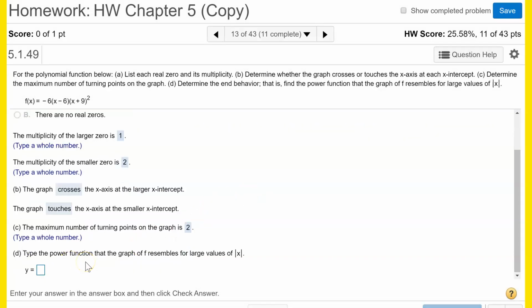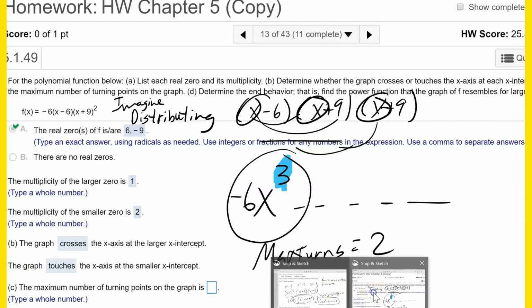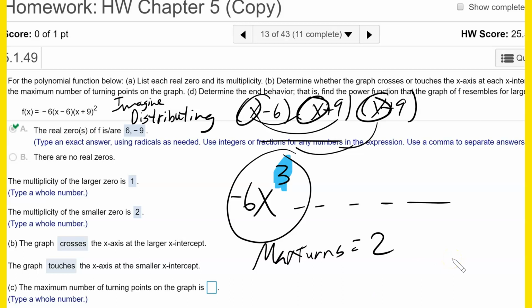Type the power function that the graph of f resembles at large values of the absolute value of x. That's a complicated sounding question, but it's actually pretty easy. It goes back to what I said before. The power function that this is going to resemble for large values of x, in other words, the only thing that matters for the end behavior is this leading term here.